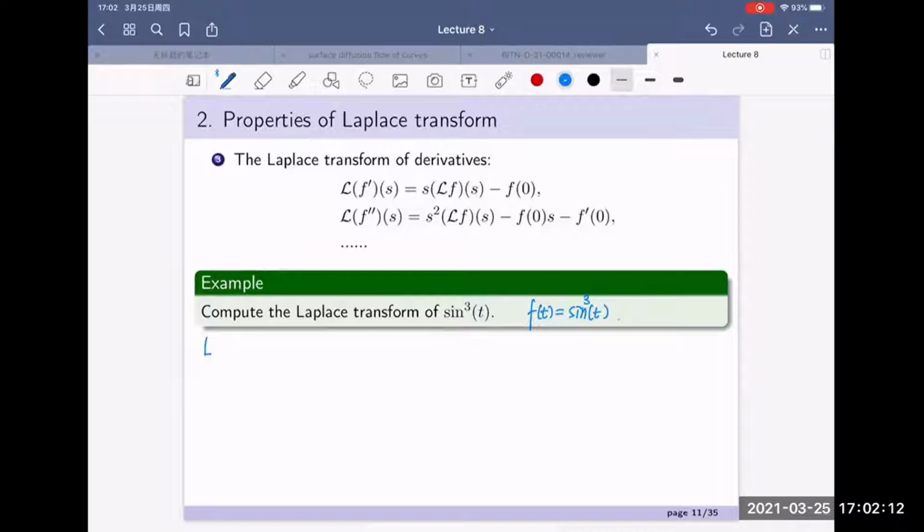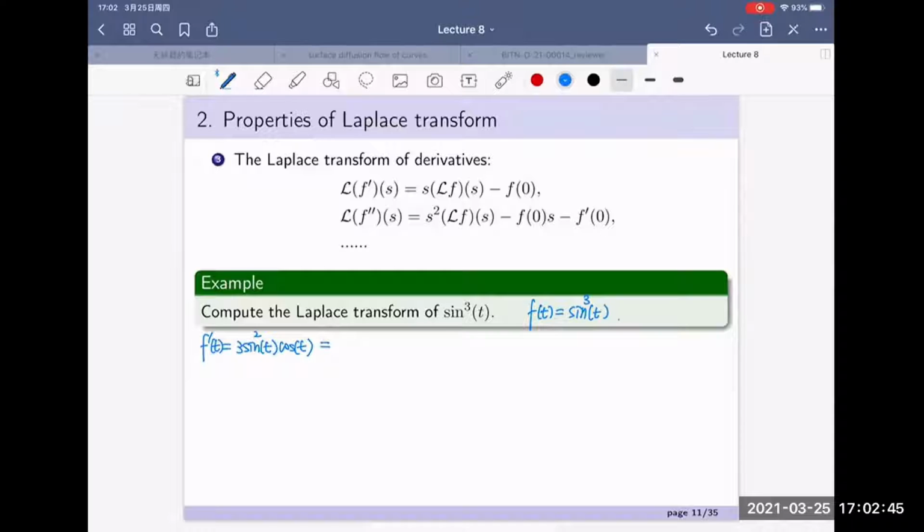We want to calculate the Laplace transform of f, which means sine to power 3, but there is no such formula. But let's first look at the derivative of the function. The derivative of sine to power 3 will be 3 times sine squared t times cosine t. So this is the chain rule of differentiation.